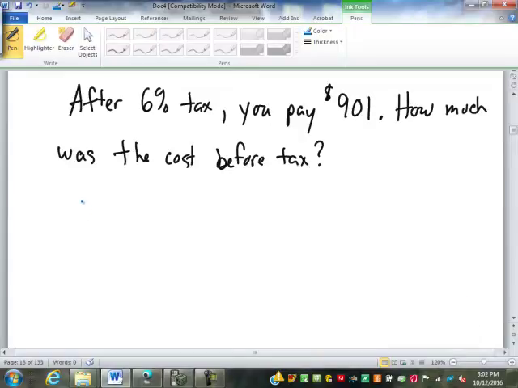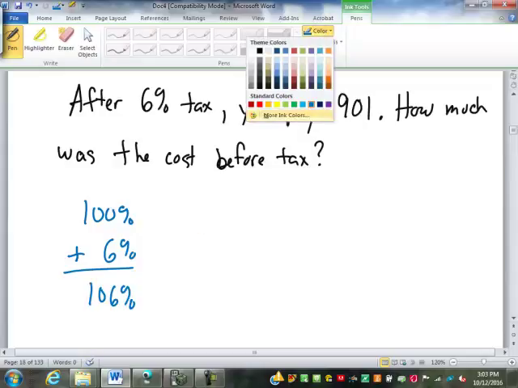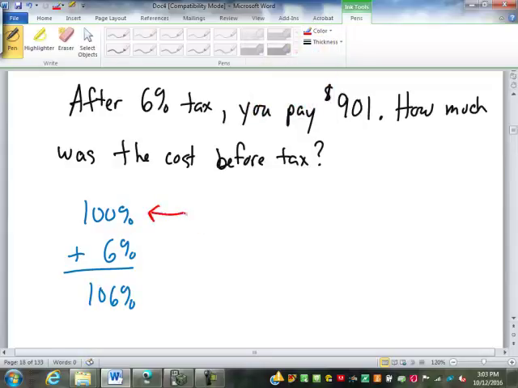So we started out, obviously we start out with 100%. Are we adding the 6% or subtracting it? Taxes is going to be added. You got it. So we're adding 6% to get to 106. So again, the 100 is before.